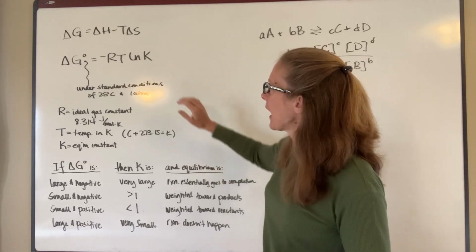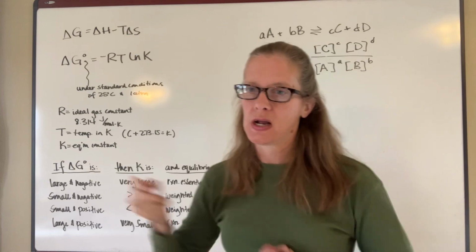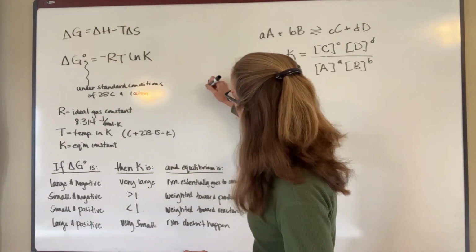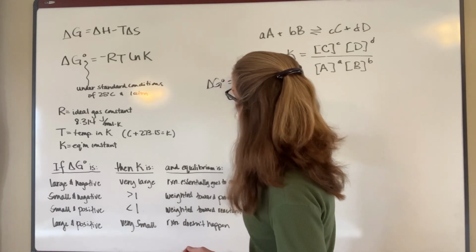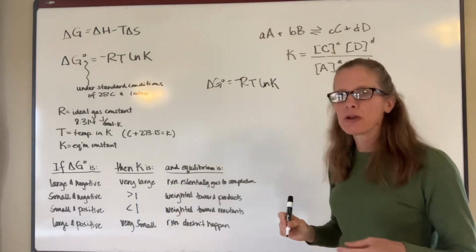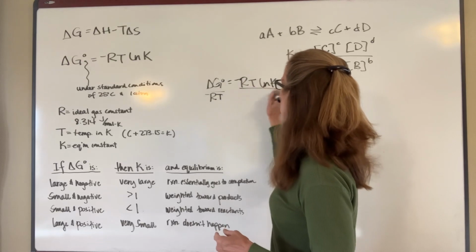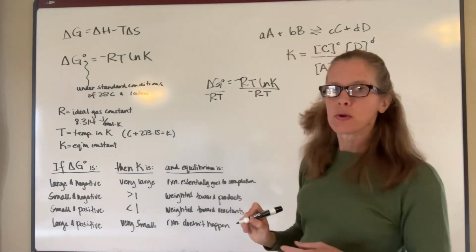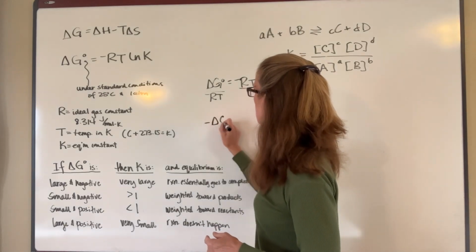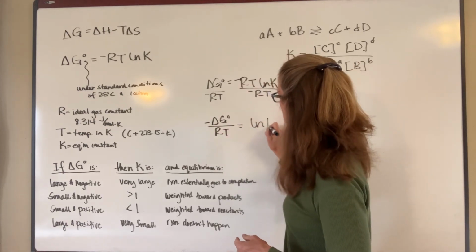And I can rearrange this equation to solve it for K. The way I would do that, I'll show you how this was rearranged: minus RT ln K. If I divide both sides by a negative RT, then that gives me negative standard delta G over RT equals ln K.